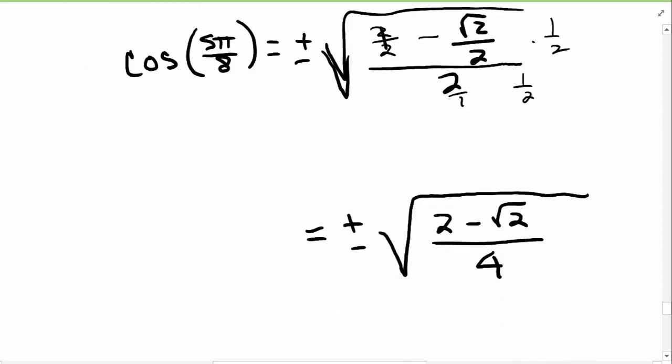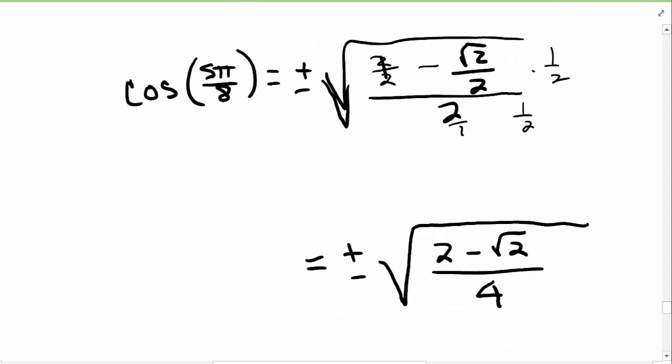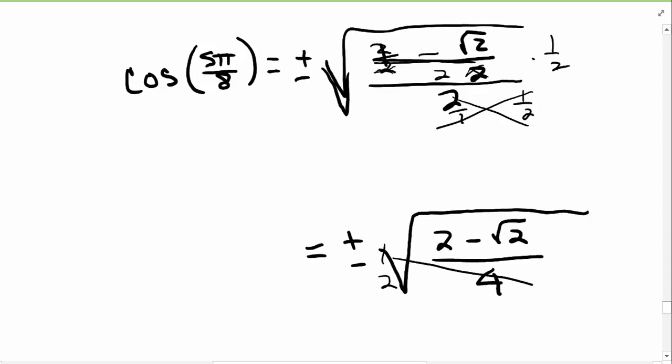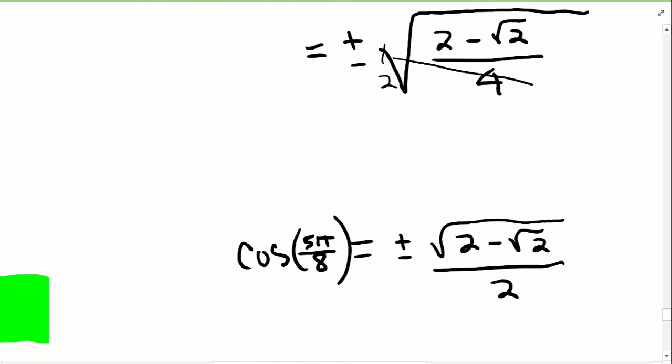I think I probably did all of that down here. And those would now share a like denominator. So you have 2 subtract root 2 all over 4, because you multiply top and bottom by 1/2. 2 times 2 is 4. And then the square root of 4, that's going to cancel, and 2 is going to come out. So we have cosine of 5 pi eighths is equal to positive or negative.